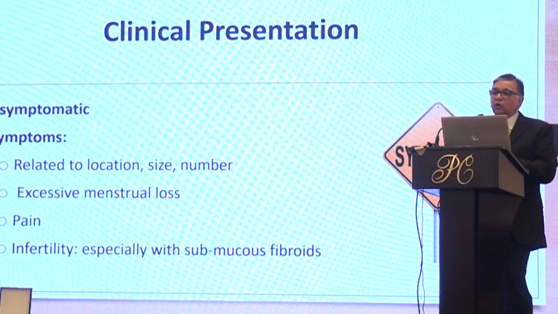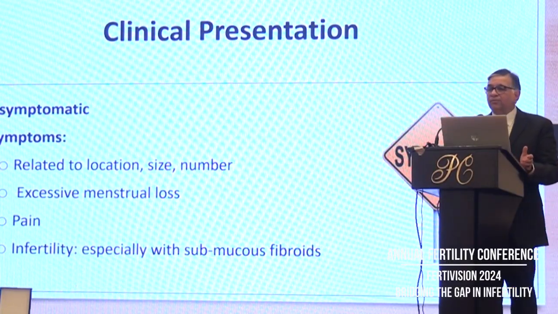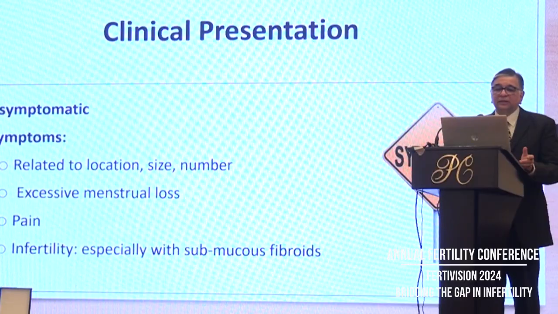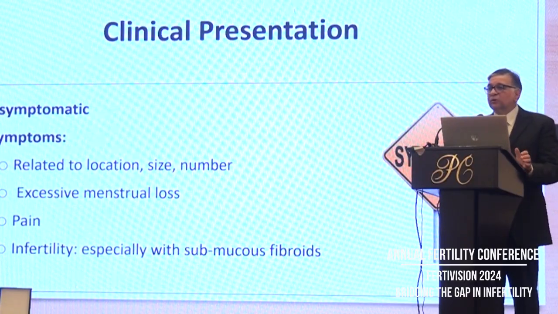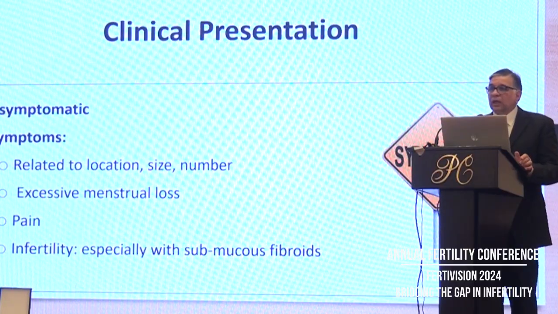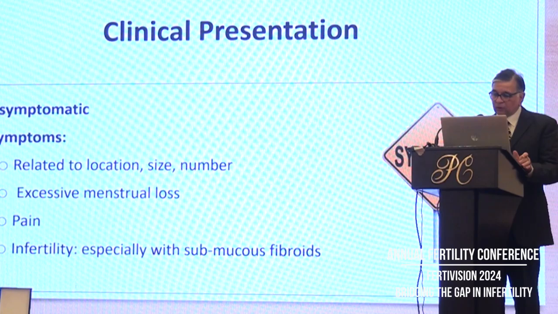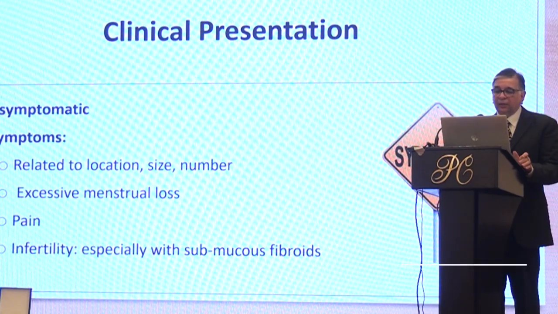And if they are to cause problems and symptoms, it usually depends upon their number, their location, their size, whether they cause menstrual loss excessive in amount or not, if pain results from them, and then especially infertility, which is the crux of our topic today.